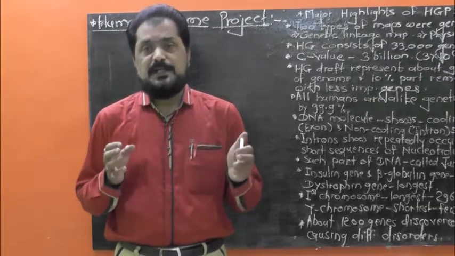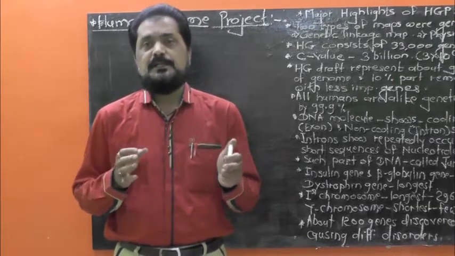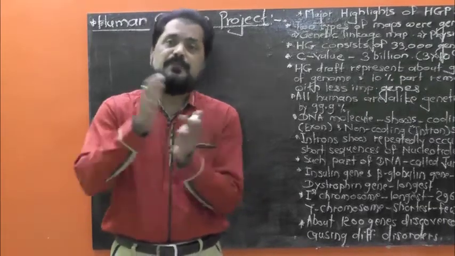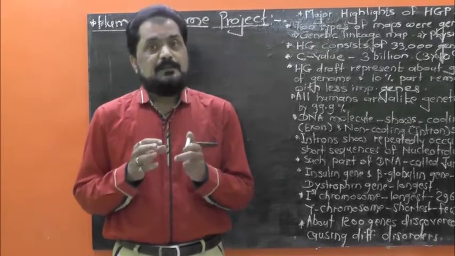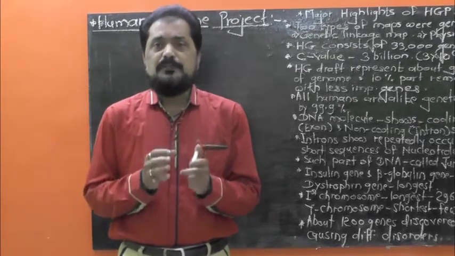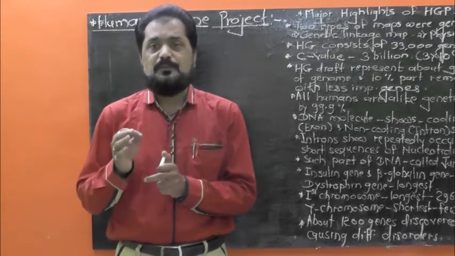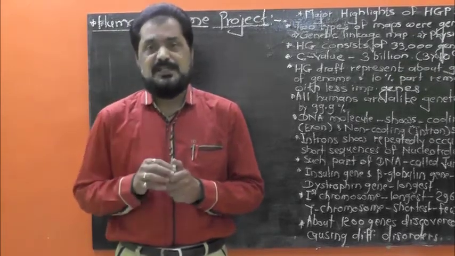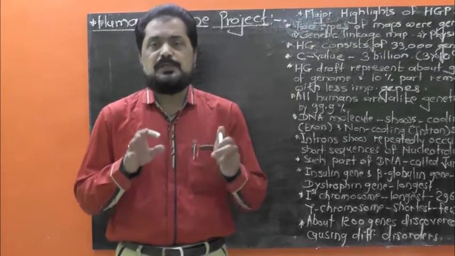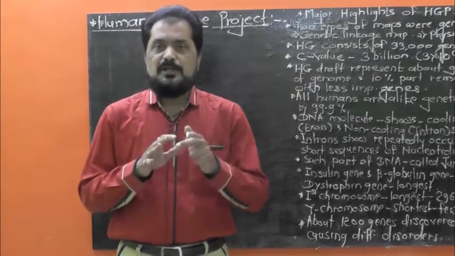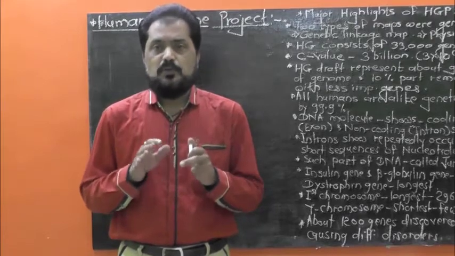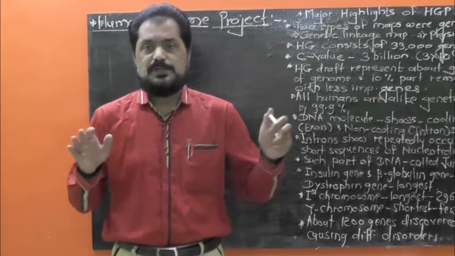Though it was estimated to complete this project within 15 years, the major part of this Human Genome Project got completed within just 13 years, that is in the year 2003. The major draft of the Human Genome Project was ready.